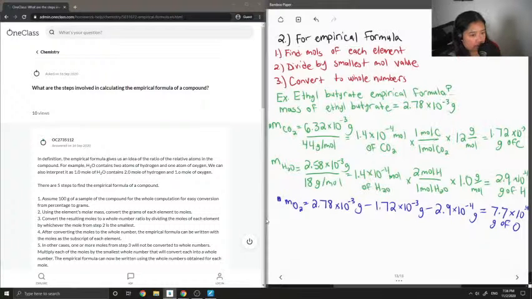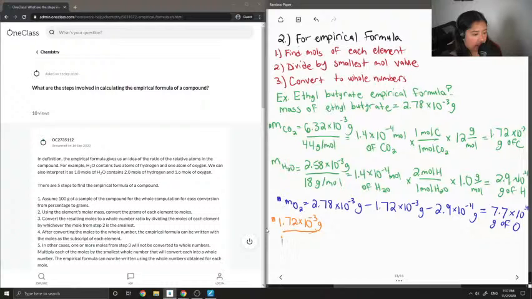So next, I am just going to find the moles of each element. The first part was finding all the different masses, so now I'm going to find the moles of each atom. For carbon, it was 1.72 times 10 to the negative 3 grams.